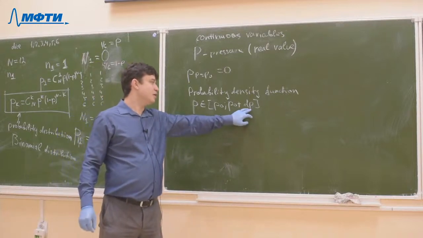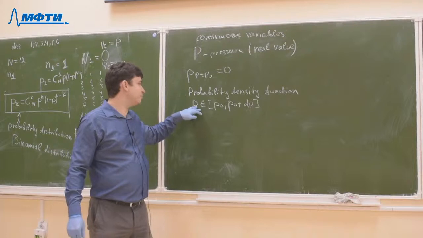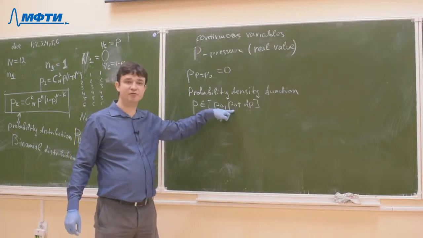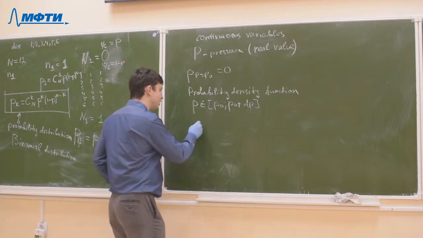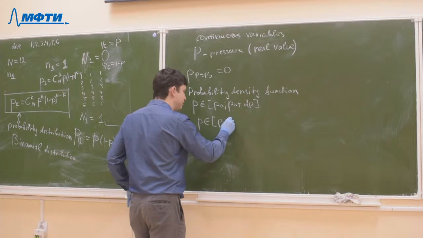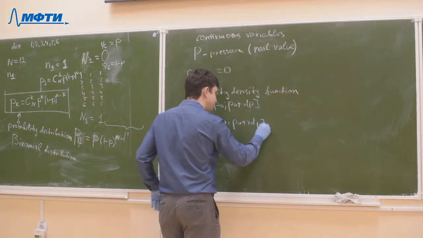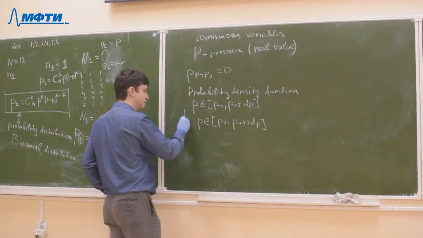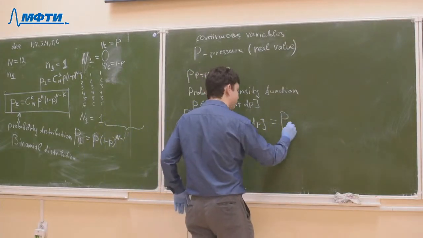Of course, if we have a larger interval, then the probability that the pressure falls in this interval will be greater. So let's say that if I have the probability that the pressure is in the interval from P0 to P0 plus 2 dp, this probability should be equal to the sum of probabilities.